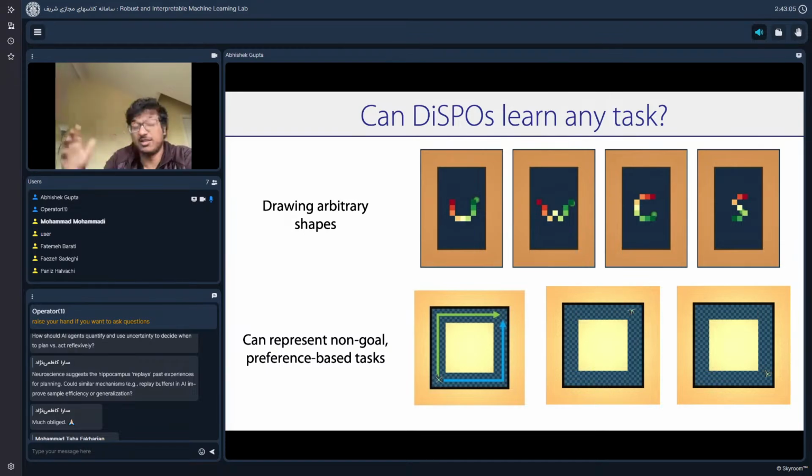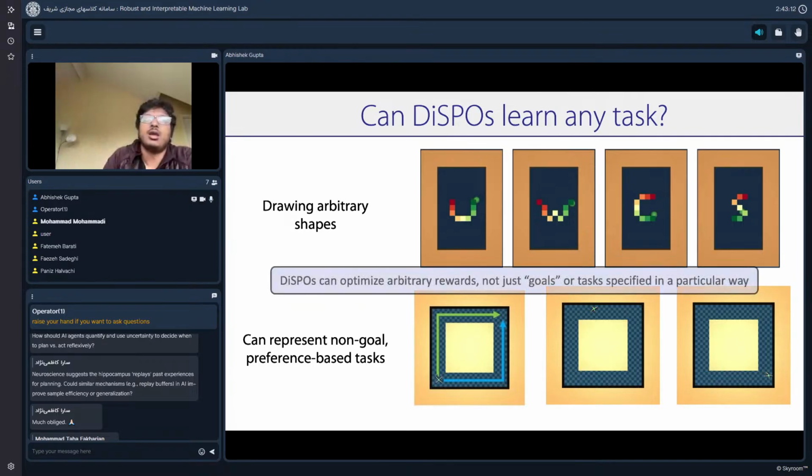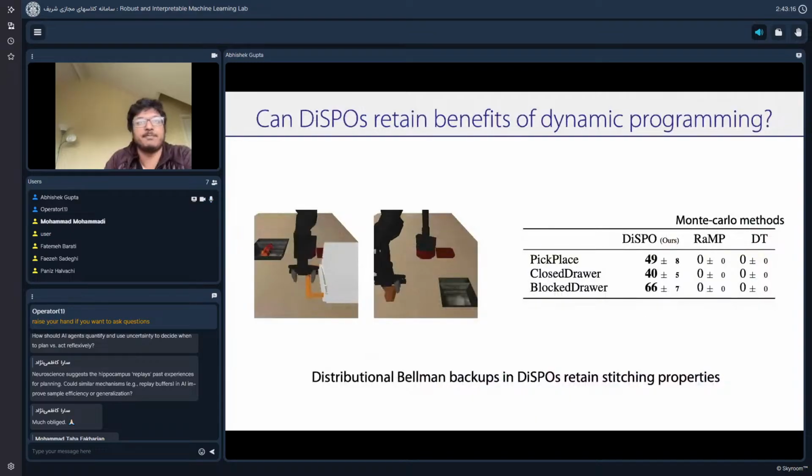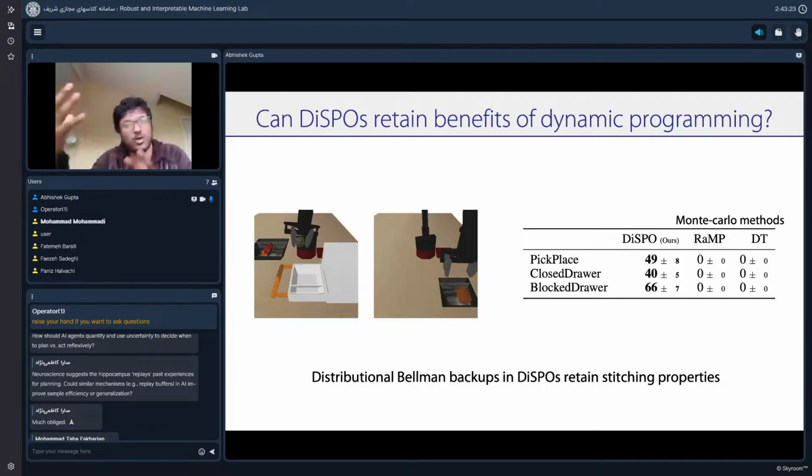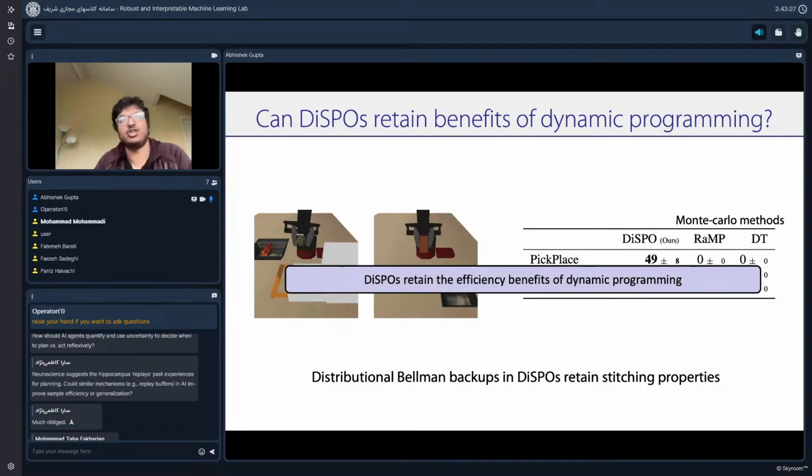It's as flexible as any reward based method. You can solve any reward based task with this kind of methodology. So you can optimize arbitrary objectives or tasks in any way. And then you retain a lot of the benefits of offline RL. You retain all the benefits of stitching and dynamic programming that you talked about in lecture, right? So you learn very, very efficiently.